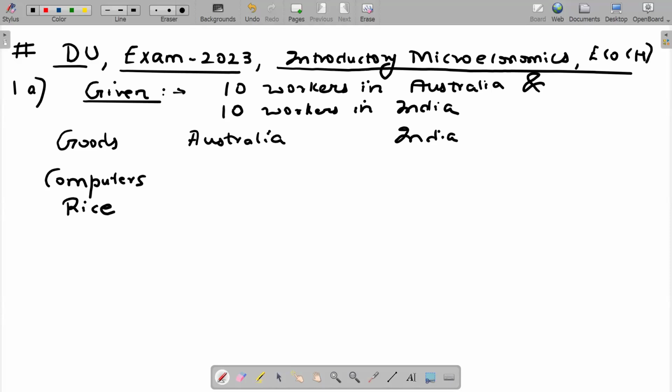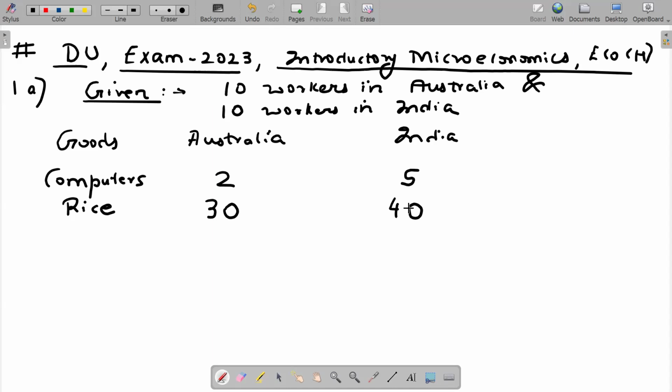Each laborer in Australia can produce either 2 computers or 30 tons of rice, and each laborer in India can produce either 5 computers or 40 tons of rice. So these are my unit labor requirements: how much can one laborer produce in Australia, and how much can one laborer produce in India?